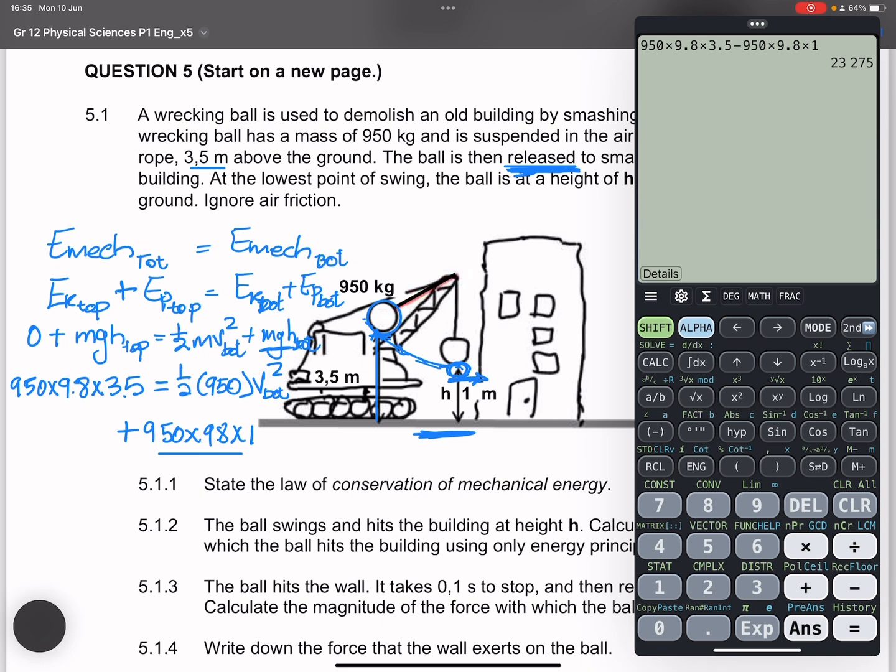Now I'm going to divide that by a half of 950, so divided by 0.5 times 950, and I get 49.